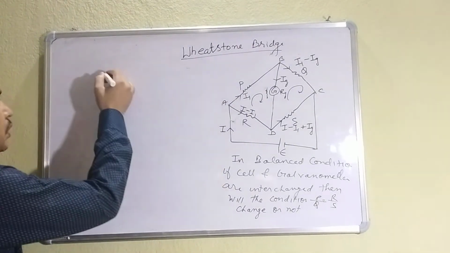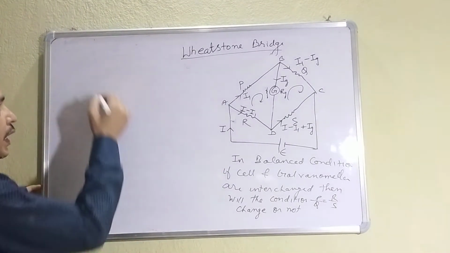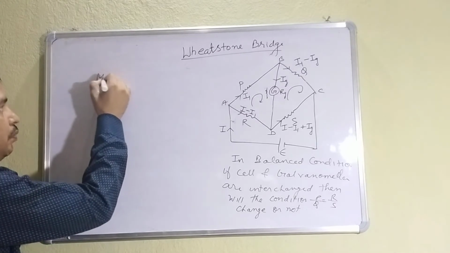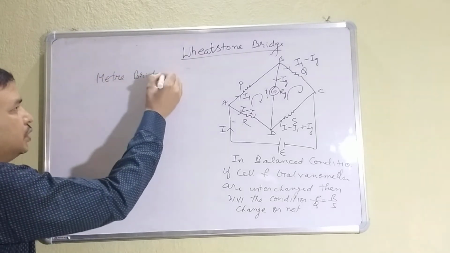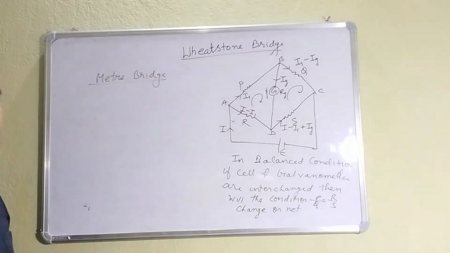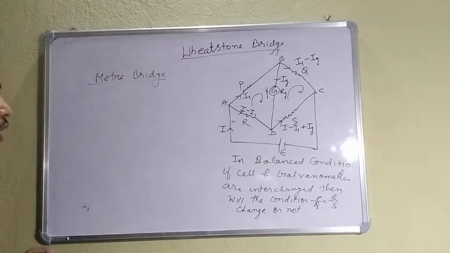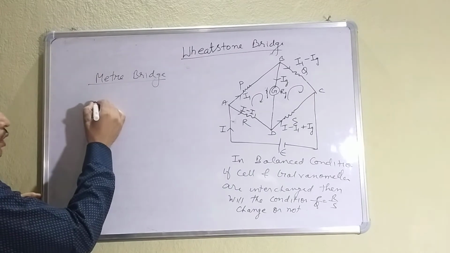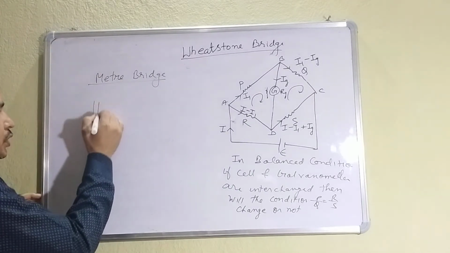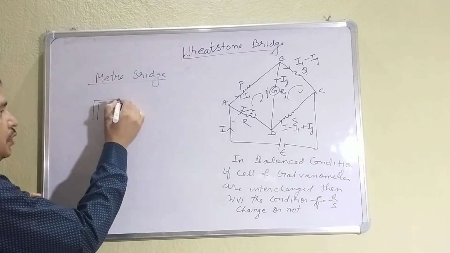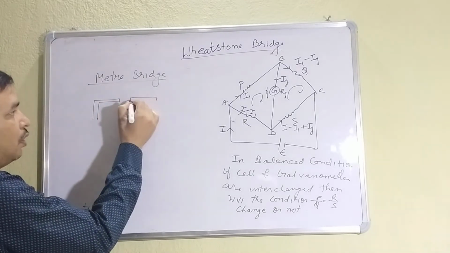Now the slide wire bridge or meter bridge, the experiment which we are doing, is based on the Wheatstone bridge. Now, what is meter bridge and how does it work? See, this is a broad copper strip.